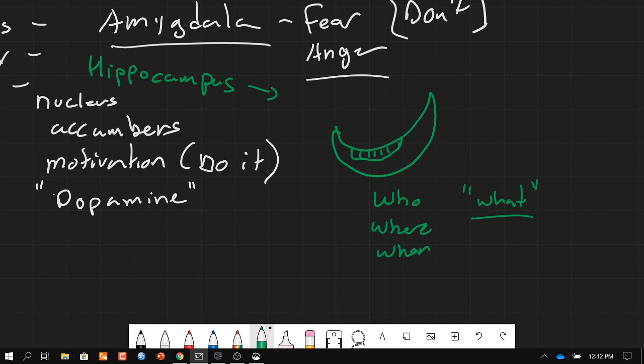So what's interesting is that whenever something is really good, what does your hippocampus do? Well, whenever the nucleus accumbens releases the neurotransmitter dopamine, you immediately remember who, where, and when, right then. That was good. I'm remembering that. Sadly, whenever something really dangerous happens, your hippocampus goes, I'm remembering that.